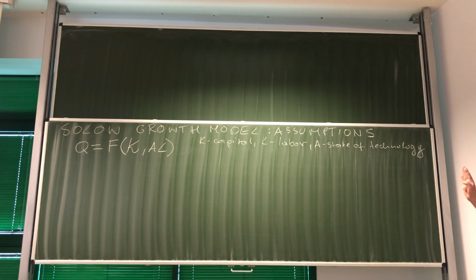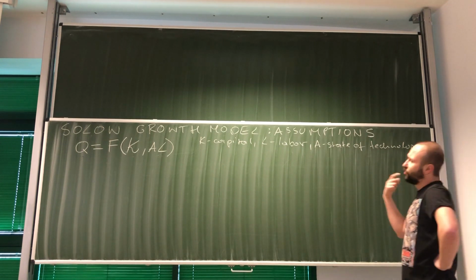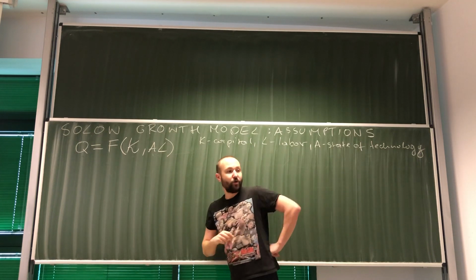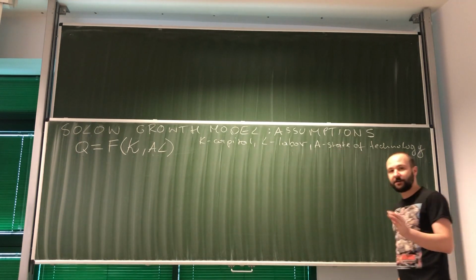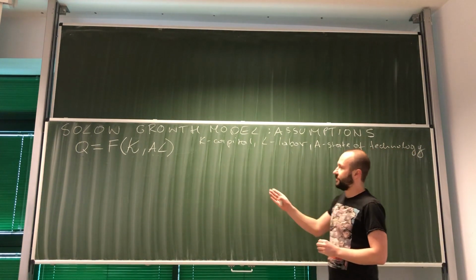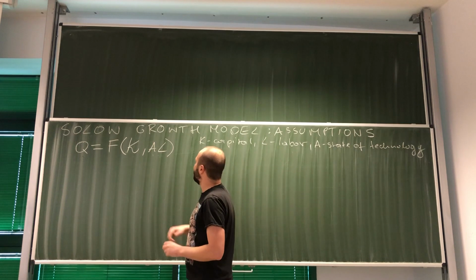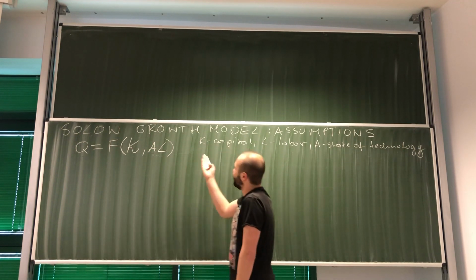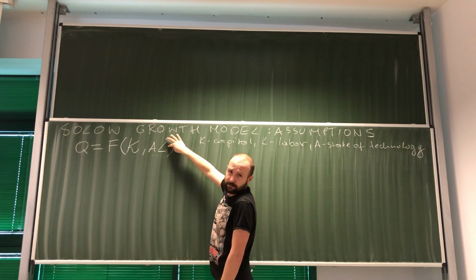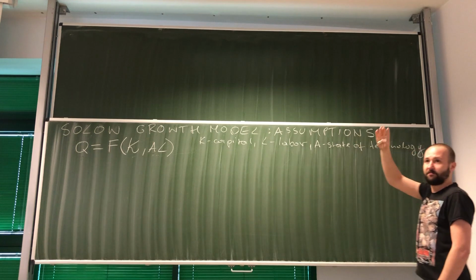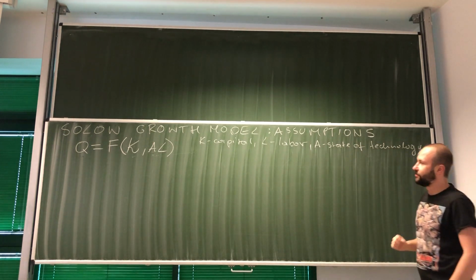Okay, so why do we have this weird construct A times L? Look, because the better the state of technology, the more productive workers are. You can imagine that L, of course, is the number of workers, and K, let's just say, is the computer the worker is using.